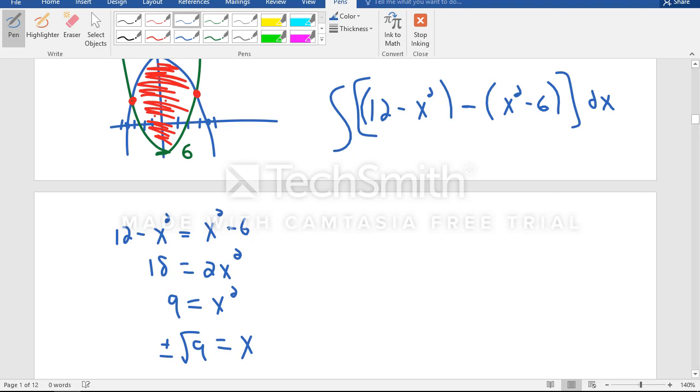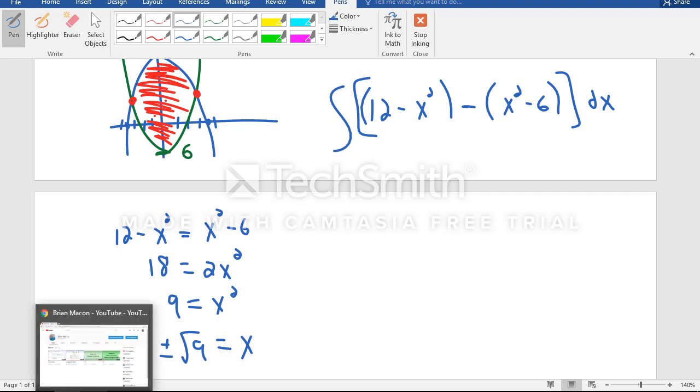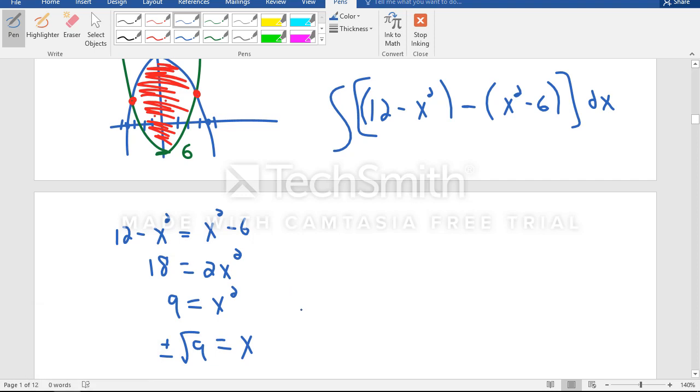If I had an x to the first power, I would most likely need to set everything equal to 0 and then factor or use the quadratic formula. Maybe we'll look at another example similar to that in a moment. So what we have is 3 and negative 3 as my intersection points. Those are my limits of integration, negative 3 to 3 for that bounded region of area.